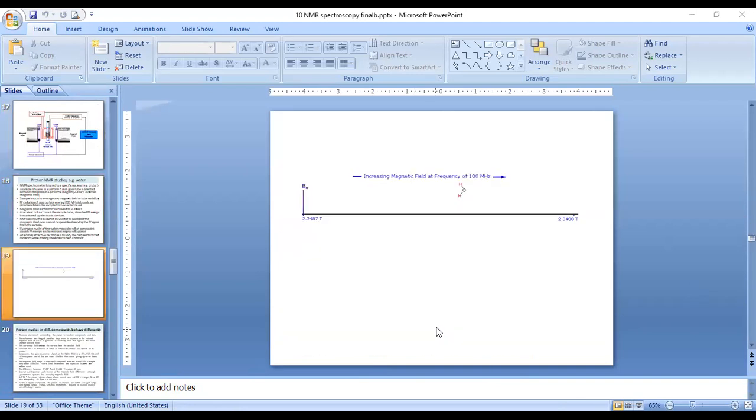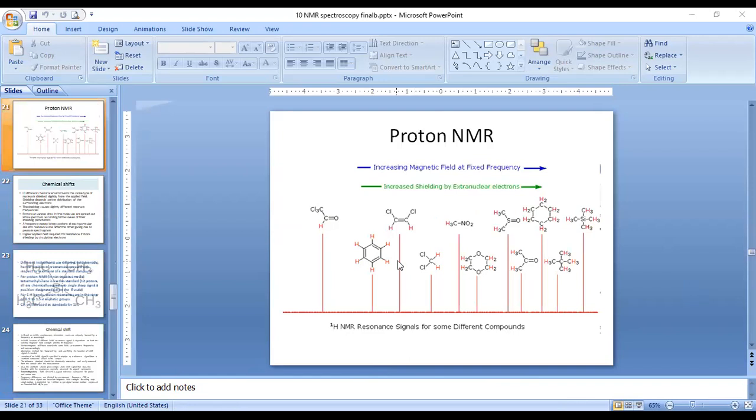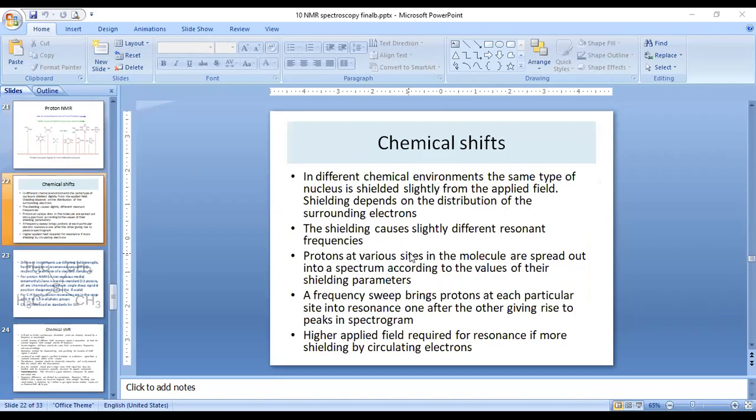So today we are going to see a little more detail about how the compounds are identified using NMR. One thing I told you is about the chemical shift. If it is an isolated nucleus, for example, an isolated proton, if we keep it in the magnetic field, then it will absorb some radiation, some wavelength, depending upon what energy is required for the flipping of the nucleus.